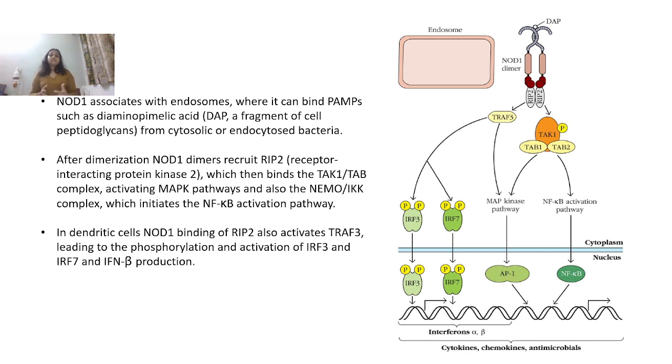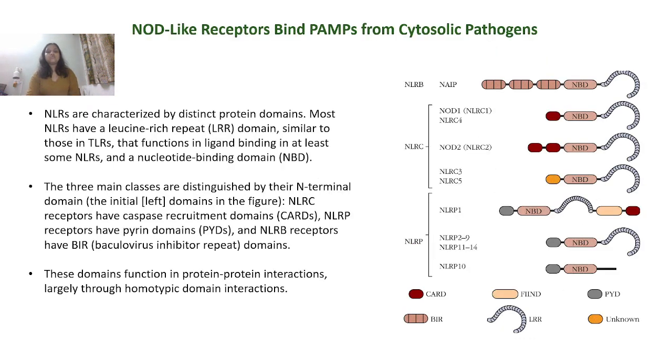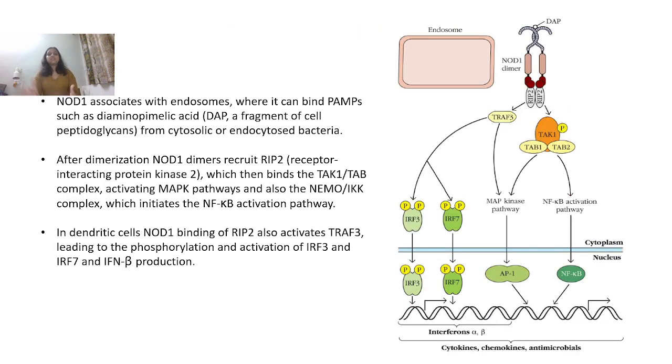So the difference among all these is that their structure is different and their binding affinity to the ligand is different, but the downstream signaling process is almost similar and all are activating almost similar kinds of pathways.